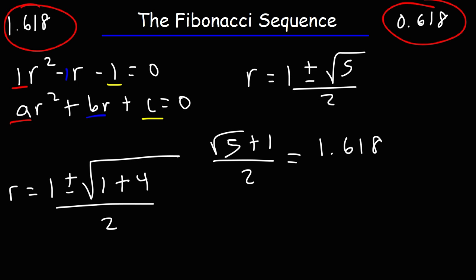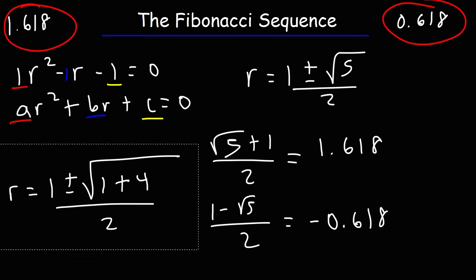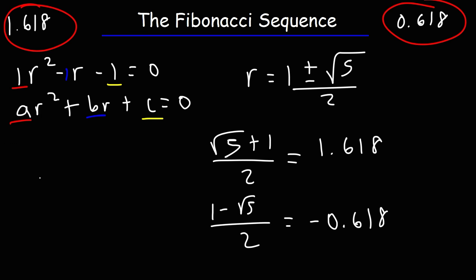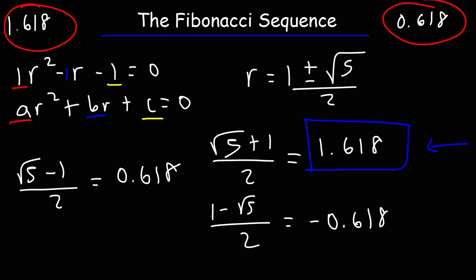And then 1 minus the square root of 5 is going to give us a negative number, which is negative 0.618, which we really don't want. What we do want is the square root of 5 minus 1 over 2, and that will give us 0.618. But at least you know how to get this number, and this one too, just the negative version of it.